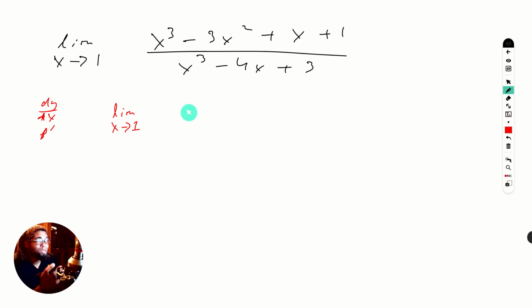So can we find that? Yes. So how are we going to find the derivative? Well, again, the derivative of a power is very simple.